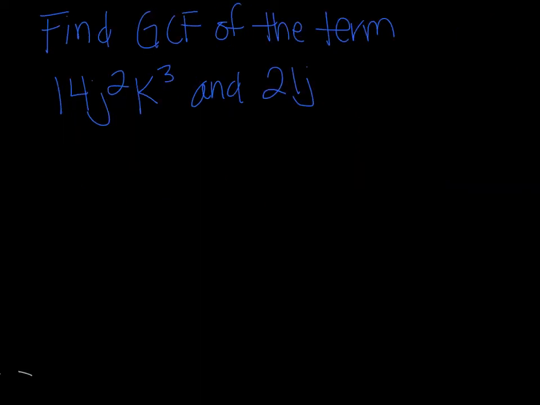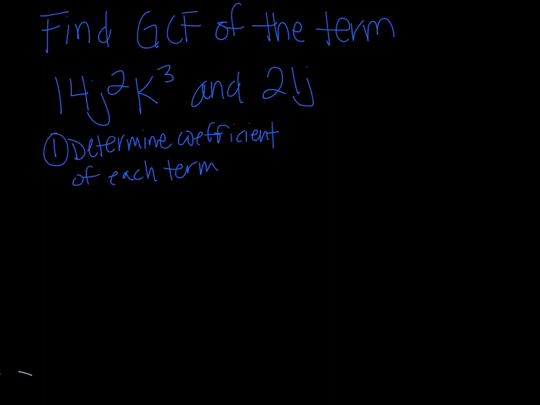Let's look at finding the GCF of two terms. First, like we did before, we're going to determine the coefficient of each term. Once we determine the coefficient for each term, here we have 14 and 21, then we're going to find the GCF.